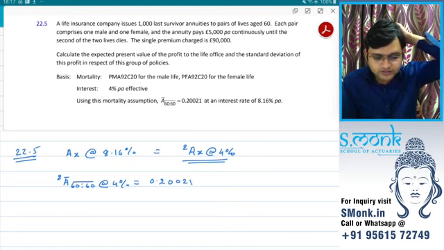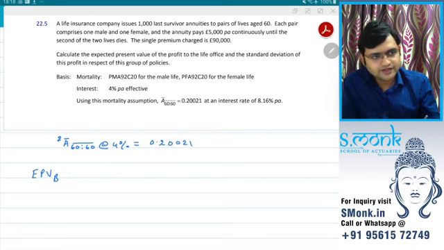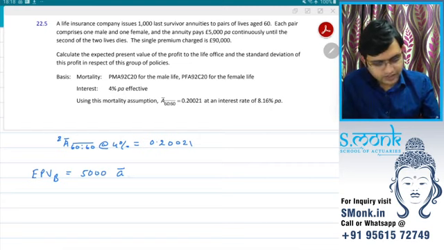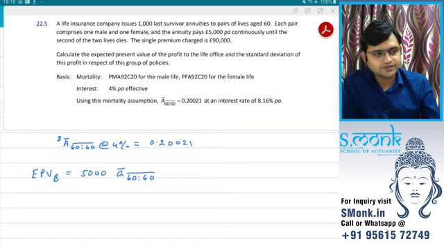So if I say expected present value of benefit, our expected present value of benefit is going to be 5,000 ā_{60:60} with a bar over the last survivor status, both ages 60, 60. Right. This is what our expected present value of benefit is going to be.